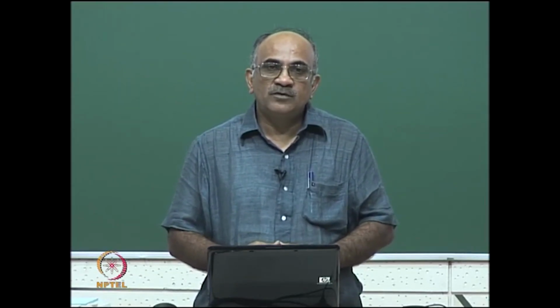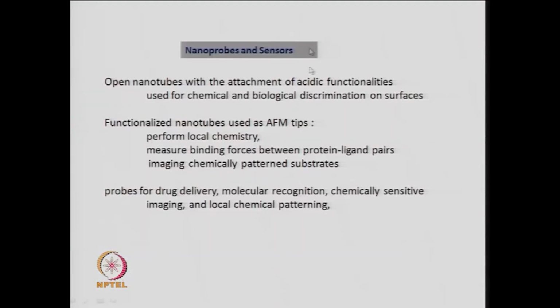Now, when you move that tip in the AFM, then you can do some local chemistry, that means you can do some reaction in a very small region of the surface. So, that is what we call local chemistry using AFM tips which have been functionalized with suitable molecules or suitable ligands, and that has been done.